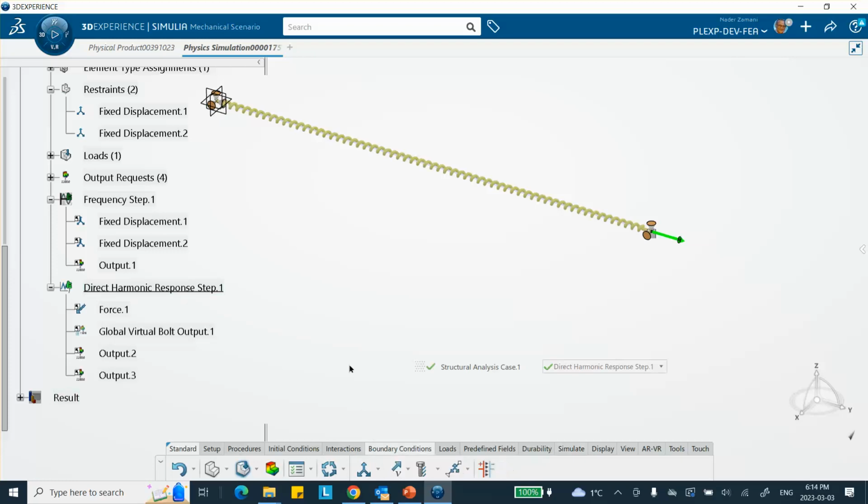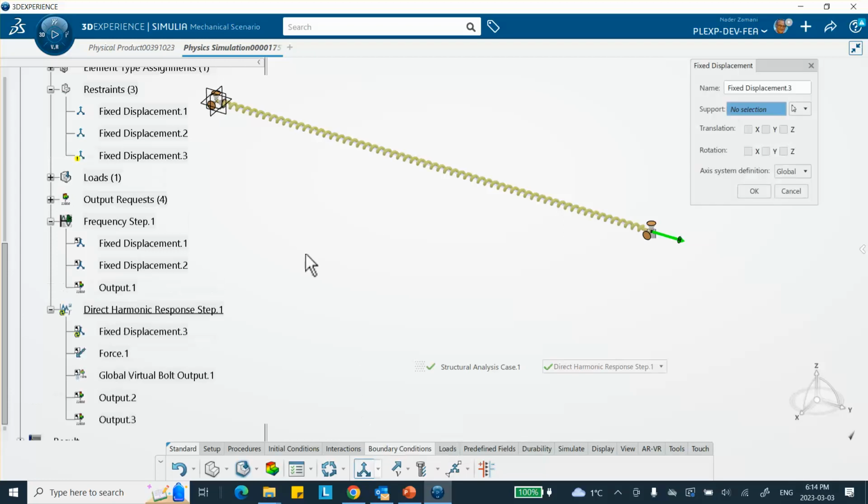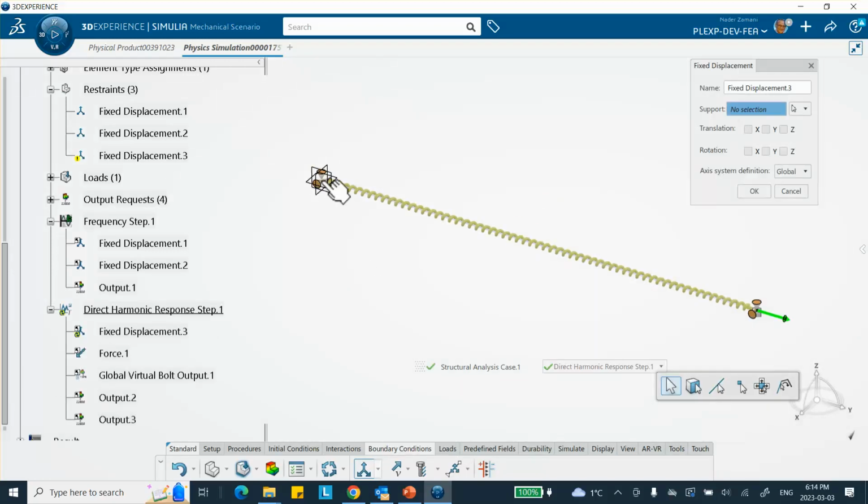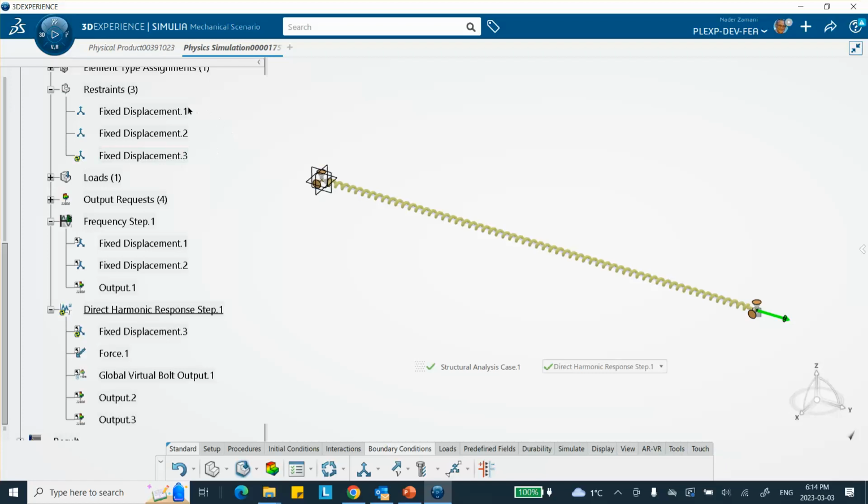On the boundary condition, okay, so this same point, once again, we are in direct harmonic response now, all pinned. This third one is exactly like the first one, and do it again for this point.